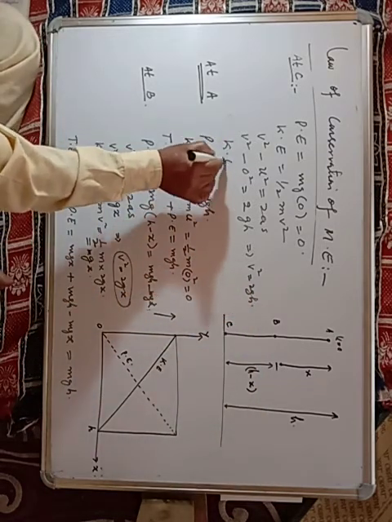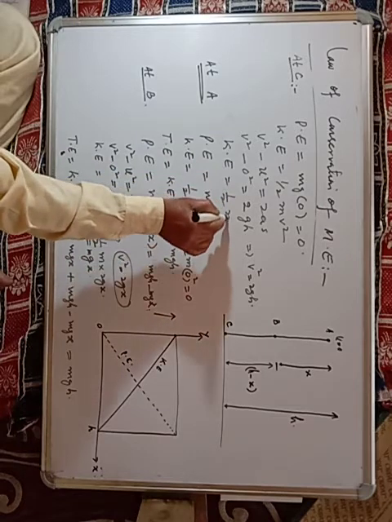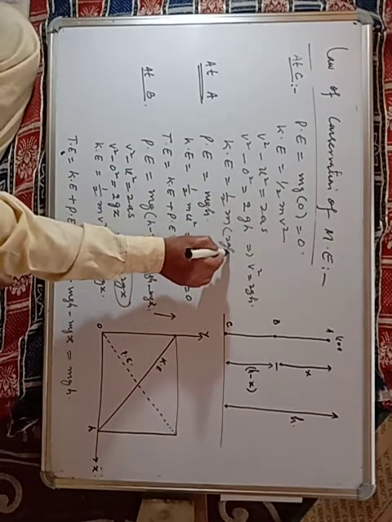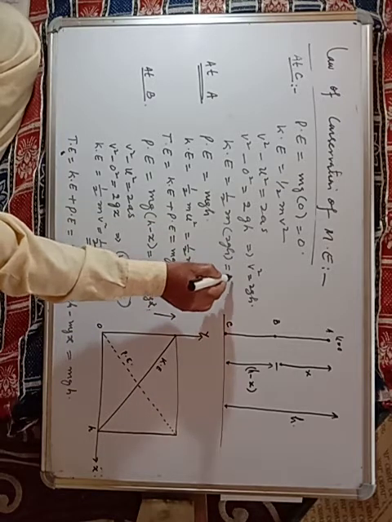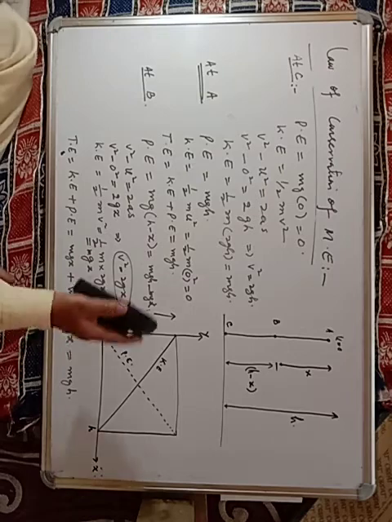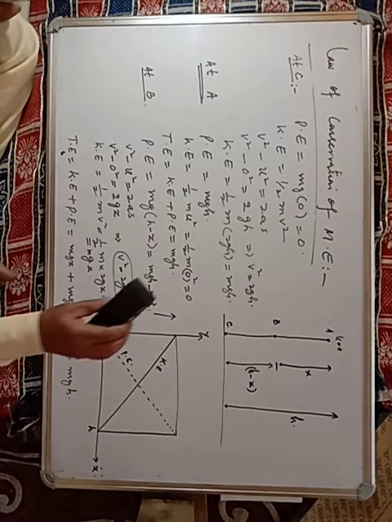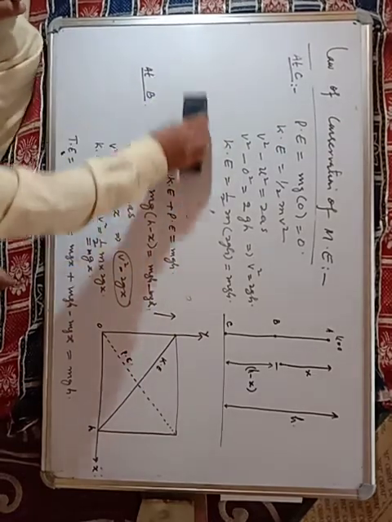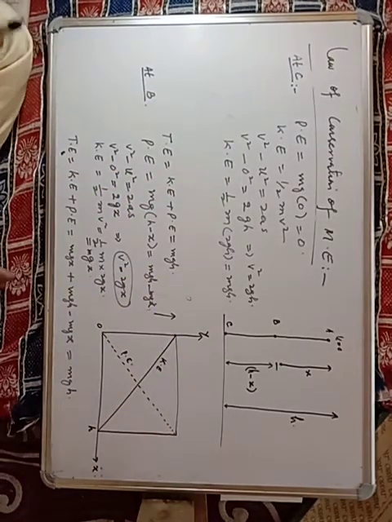Now kinetic energy is equal to 1/2 of m, v square के बदले में हम डाल देंगे twice gh, 2 और 2 कैंसिल हो जाएगा, so it is equal to mgh. Now, what is total energy?